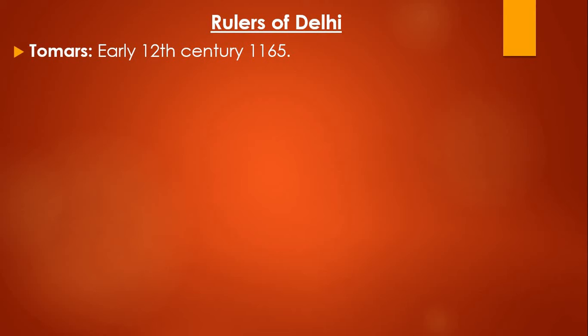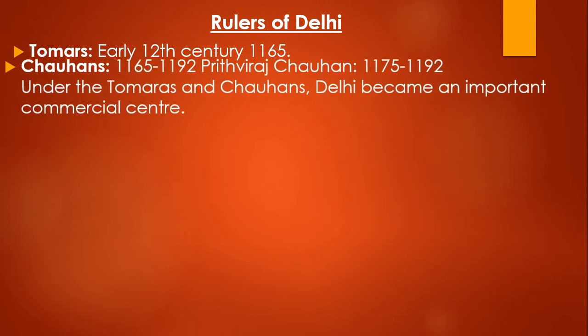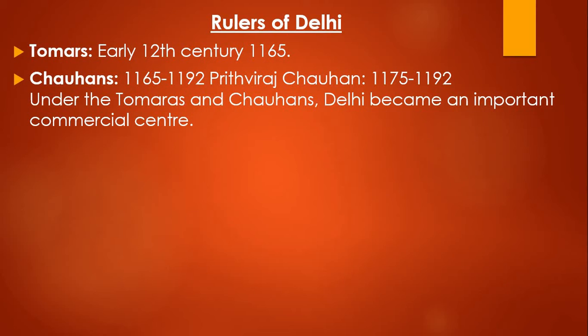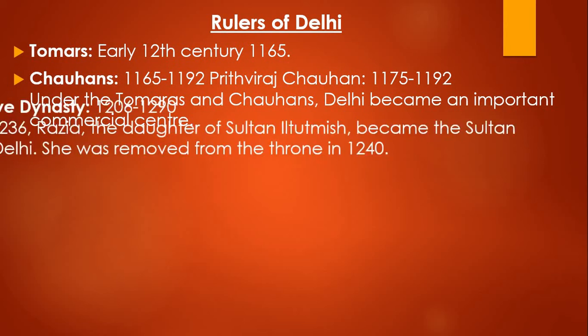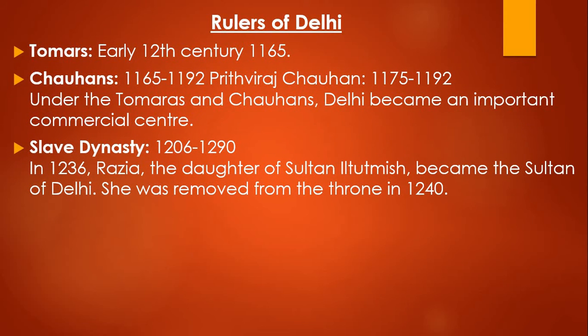Tomars, they have ruled in early 12th century. Chauhans. Under the Tomars and Chauhans, Delhi became an important commercial center also. Then comes the slave dynasty.